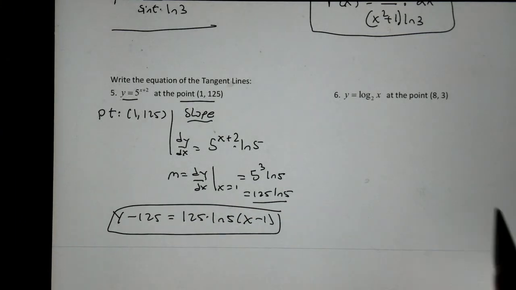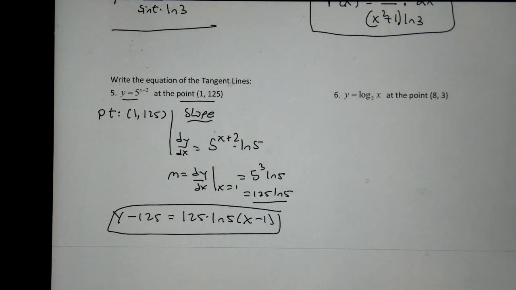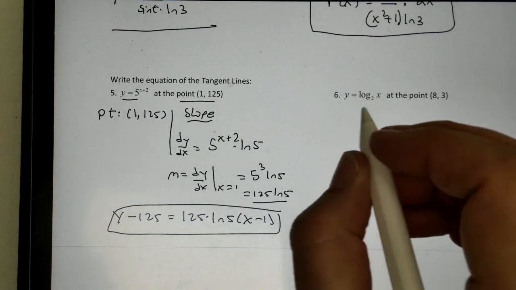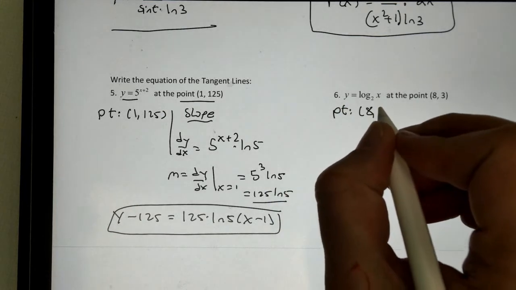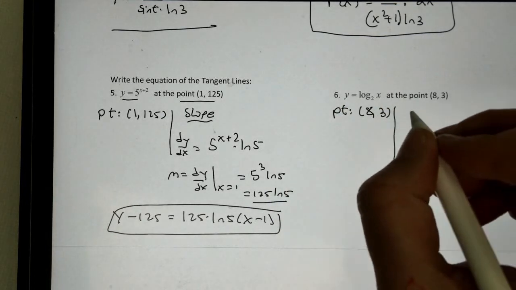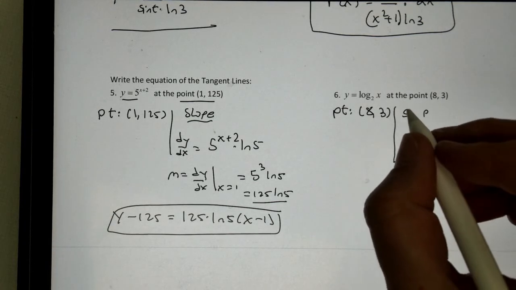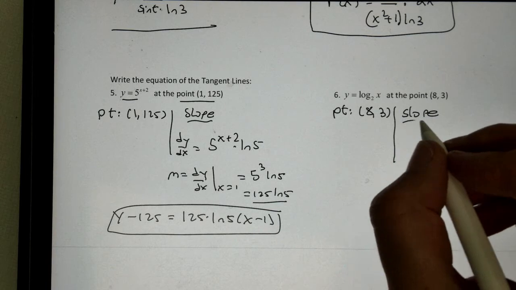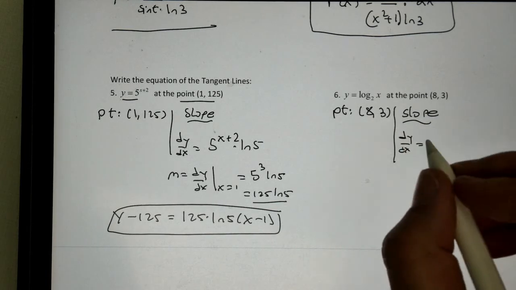All right, let's take a look at number 6 here. To get our point, they gave us that, (8, 3), and we just have to get the slope. To get the slope, it's our derivative, dy/dx, and that's my new rule.